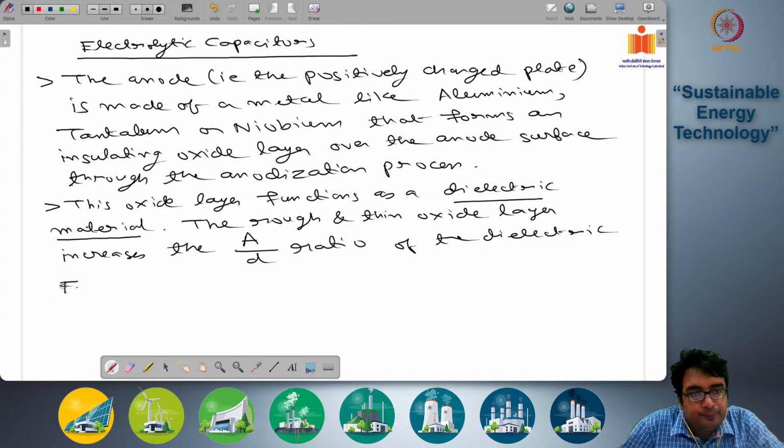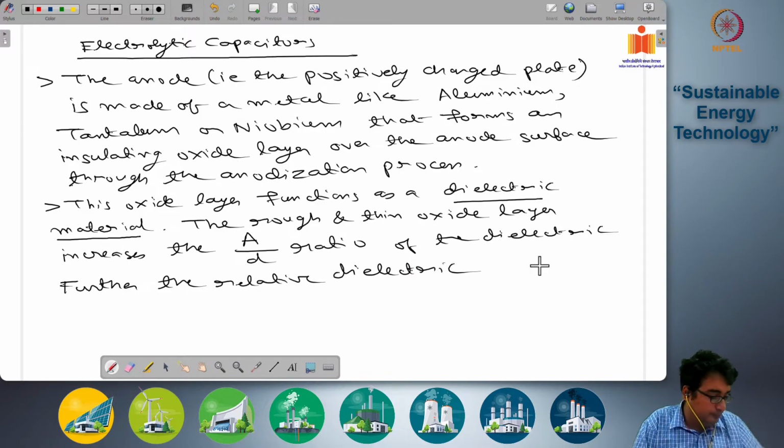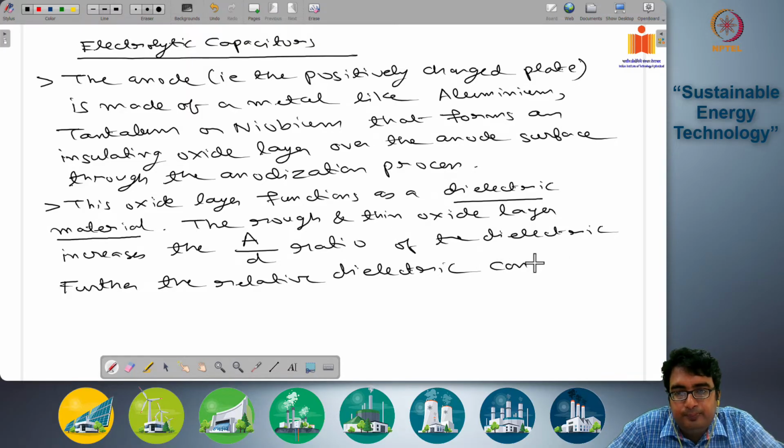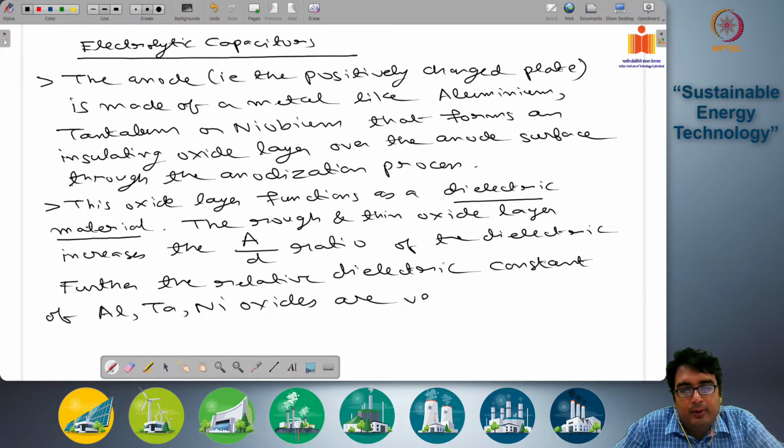Further, the relative dielectric constant of aluminium, tantalum, niobium oxides are very high.